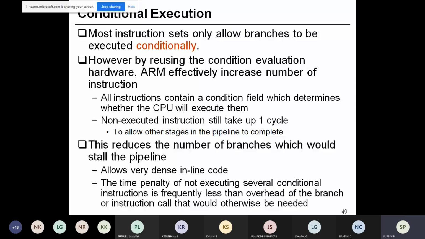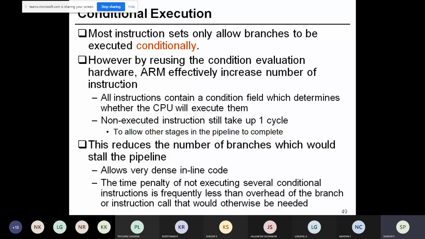When you stop for a dependency, in layman's terms it is going to consume some time. Here also it consumes some time. The time penalty of not executing several conditional instructions is frequently less than the cost of a branch instruction.